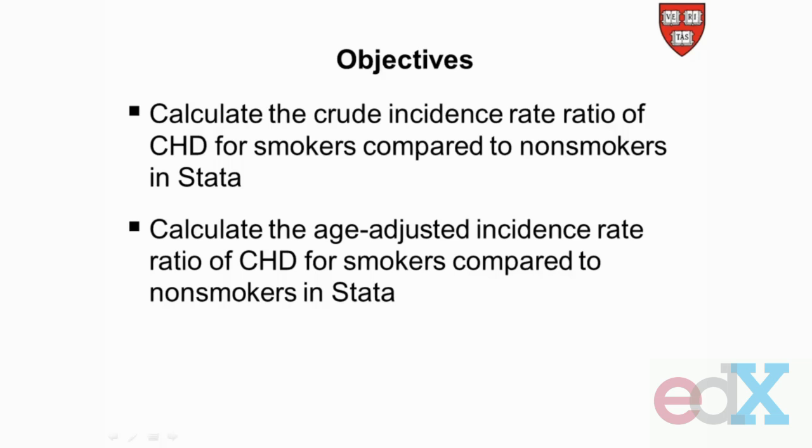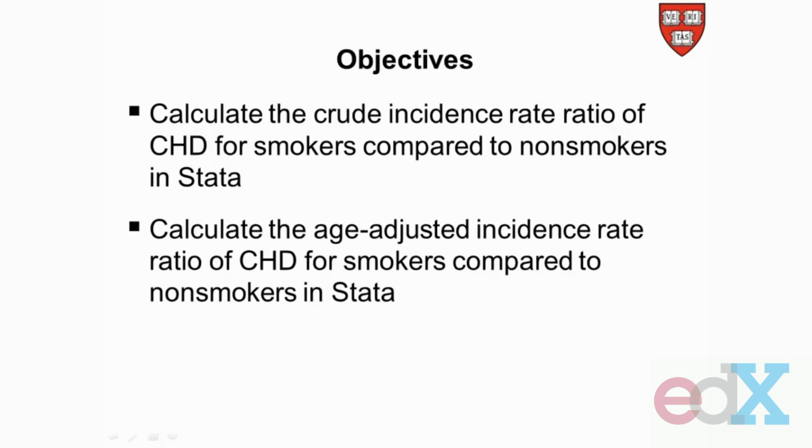Now remember, back in weeks 3 and 4, we talked about why, for an outcome like CHD, we want to use incidence rate ratios and incidence rates instead of risks or risk ratios. The issue with an outcome like CHD is that we might not have complete follow-up for everyone.